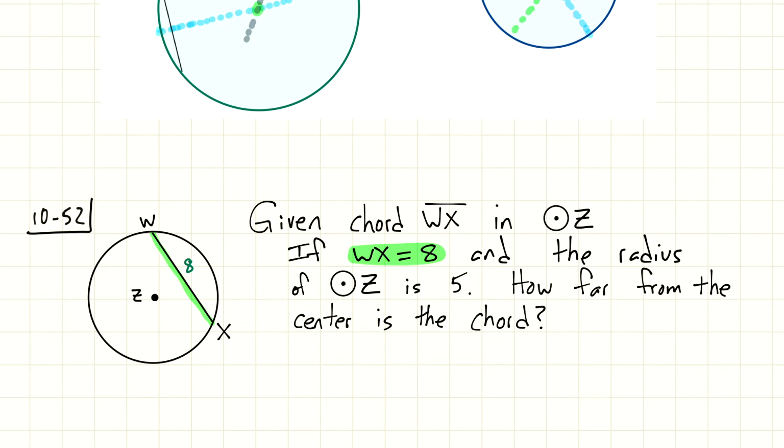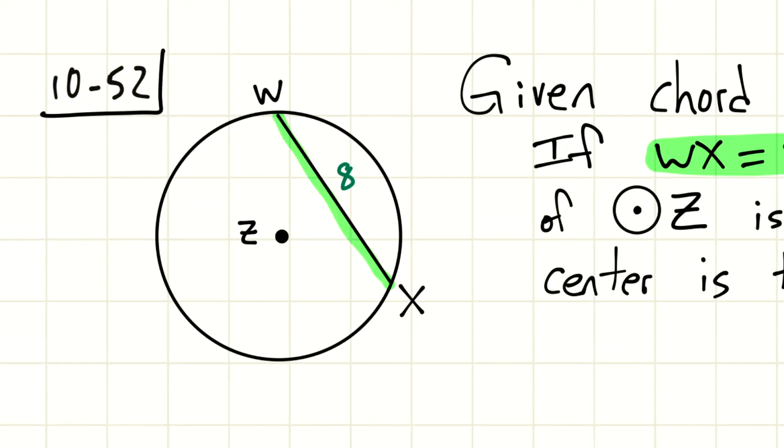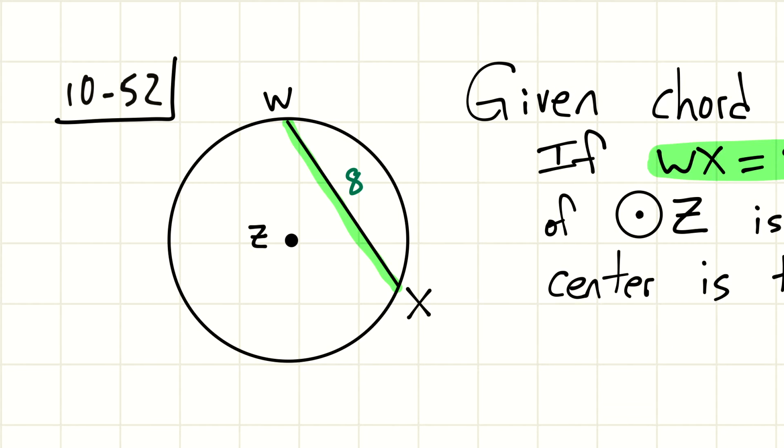I've actually created a triangle. So I'm going to zoom into this and add the radius. In this case, the radius is 5. But you'll notice earlier I put in this other line.